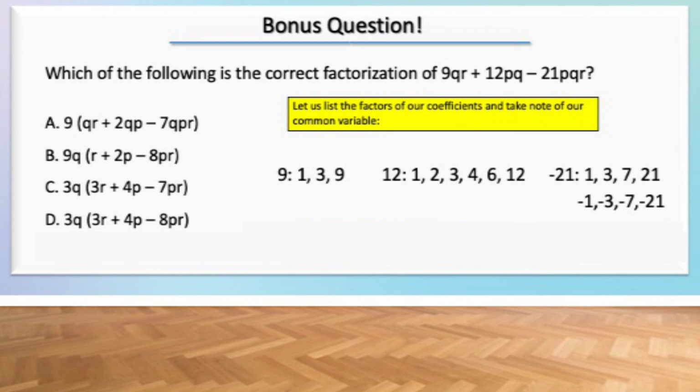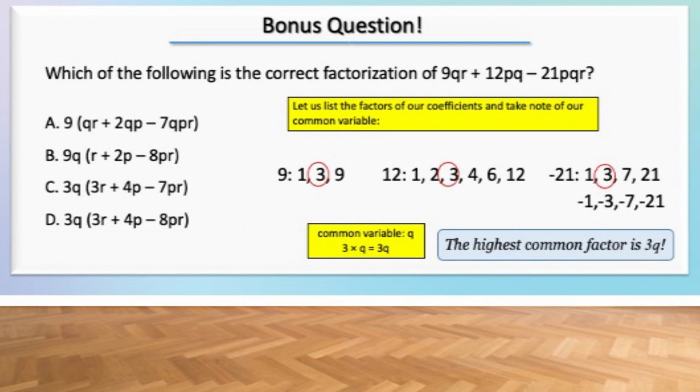The factors of 9 are 1, 3, and 9. For 12 we have 1, 2, 3, 4, 6, and 12. For negative 21 we have 1, 3, 7, 21, negative 1, negative 3, negative 7, and negative 21.